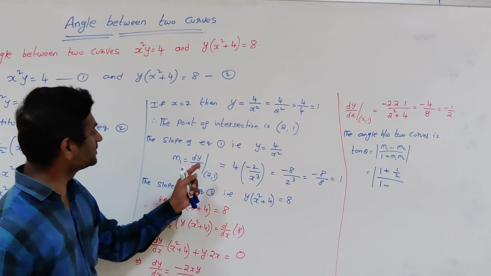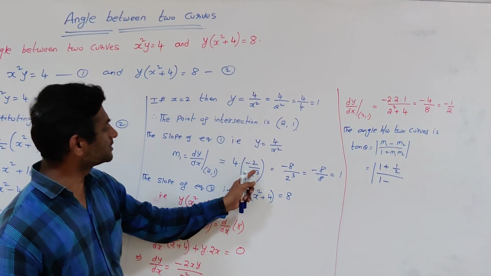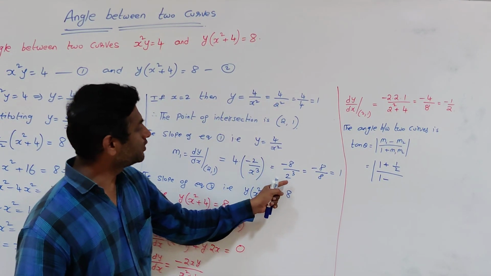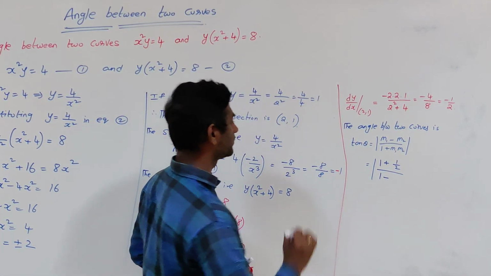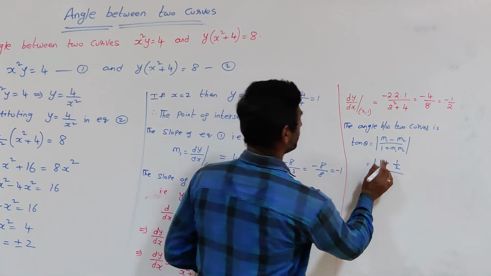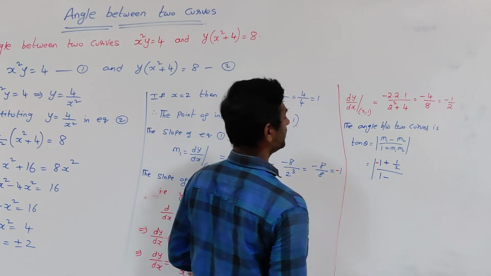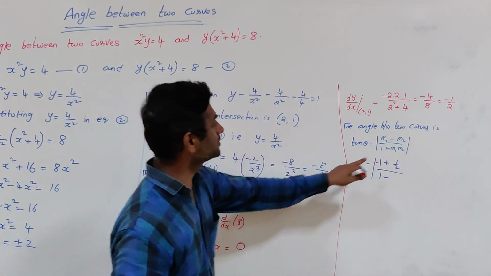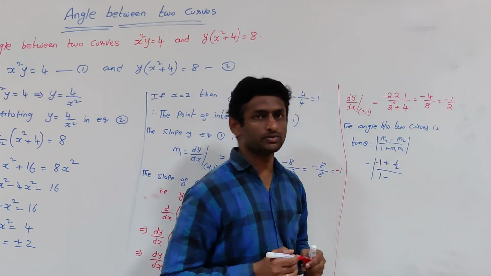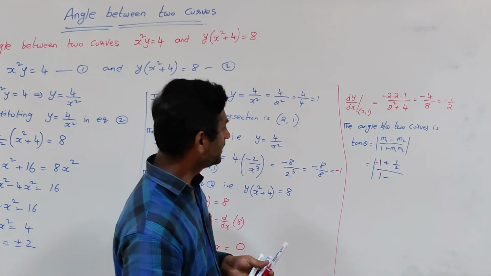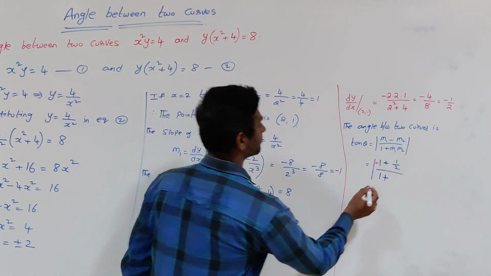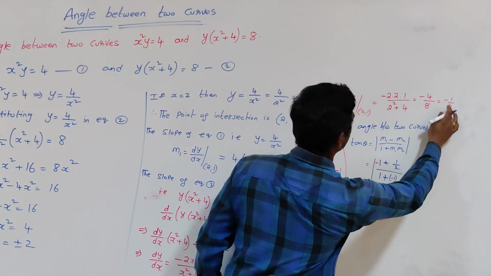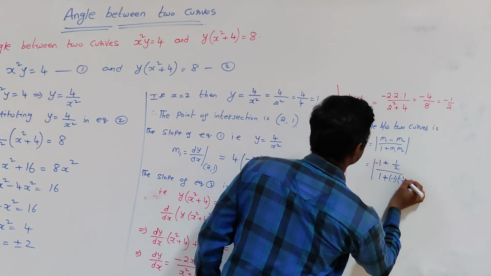As m1 is dy by dx, 4 times minus 2 by x cube, minus 8 by 2 cube, minus 8 by 8, so it is minus 1. And m2 is minus 1 by 2. So m1 minus m2 is minus 1 plus 1 by 2, because minus of minus 1 by 2, by 1 plus m1 m2, minus 1 into minus 1 by 2.